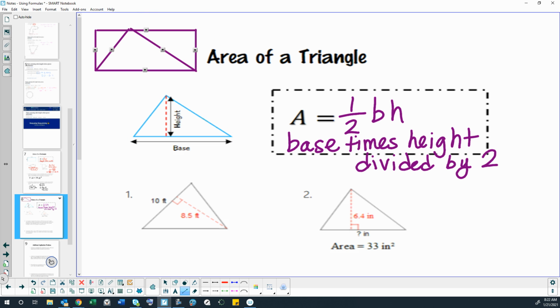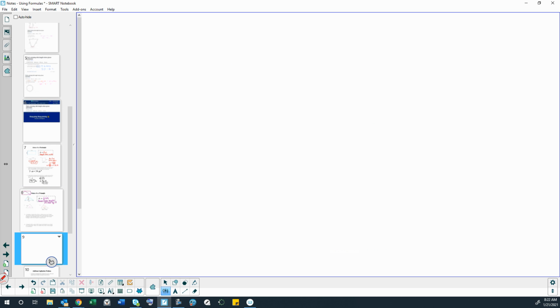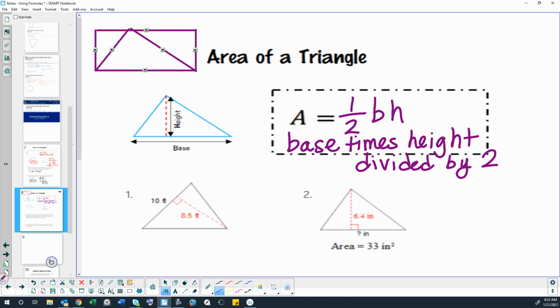Okay, so that rectangle has an area of length and width. So its area would be length times width. That's what we learned last time. But because we're doing the triangle, we only have half of that. And instead of calling it length and width, we're calling it base and height. And the height is perpendicular to the base.